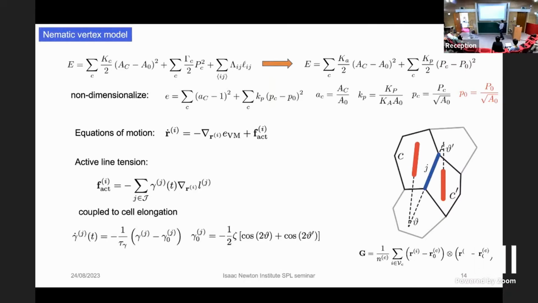And then you can write an active force term, which looks something like this, where you have an active tension which now depends on the angle between the director and the junction. And then you're always going to use zeta less than one.